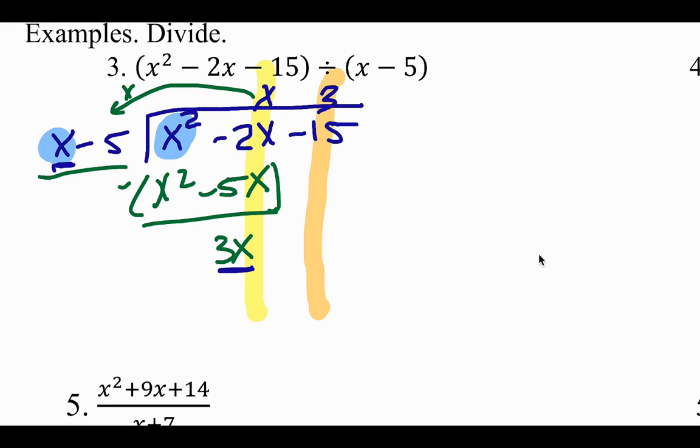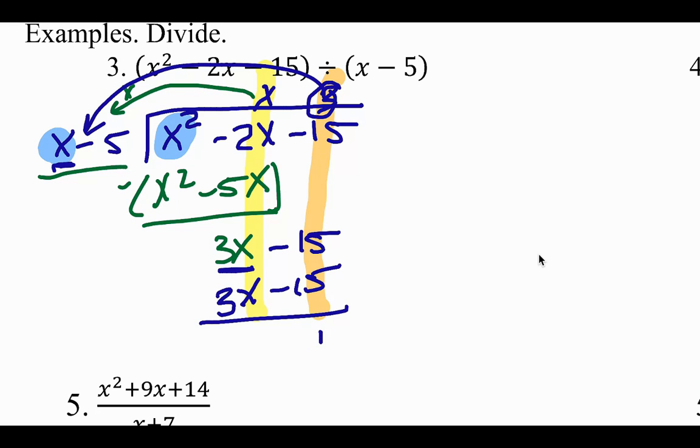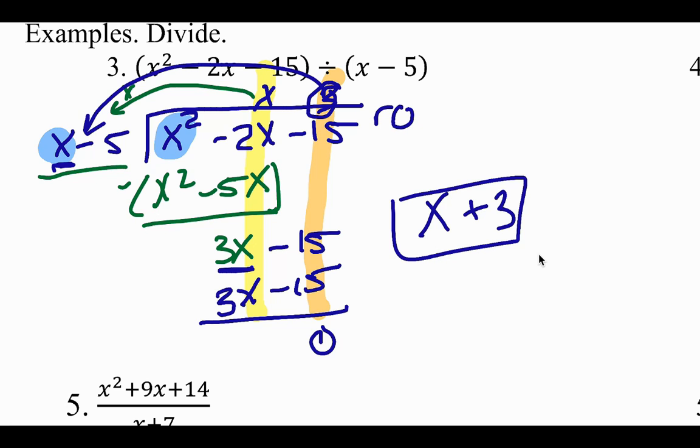But in order to figure out what I'm subtracting, 3 times x minus 5, that was 3x minus 15. If I pull that down, and that's 3x minus 15 when I multiply back through, I get a remainder of 0. So my answer is just x plus 3.